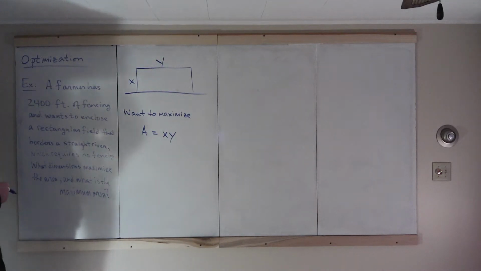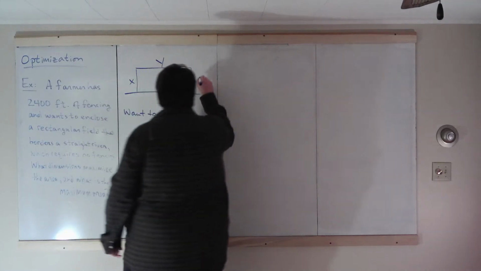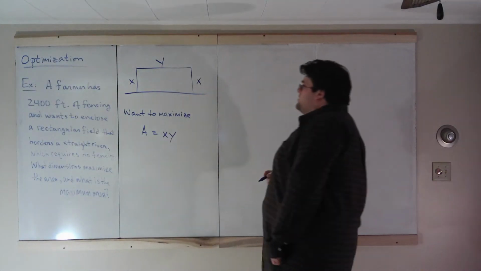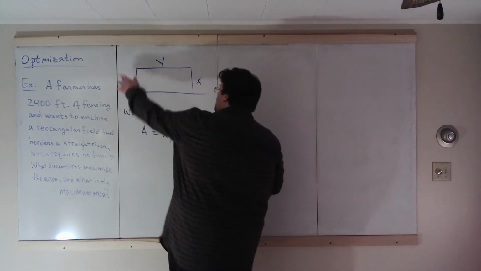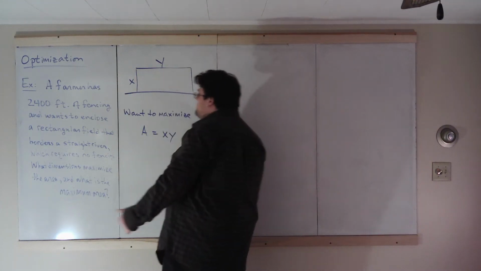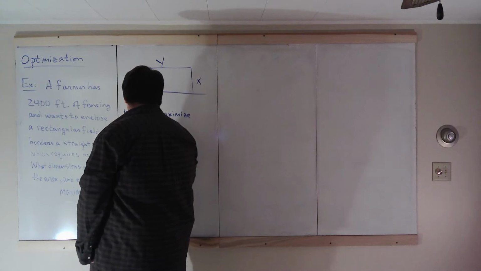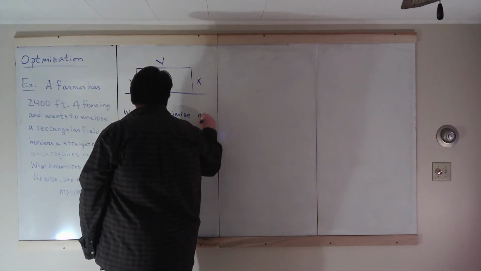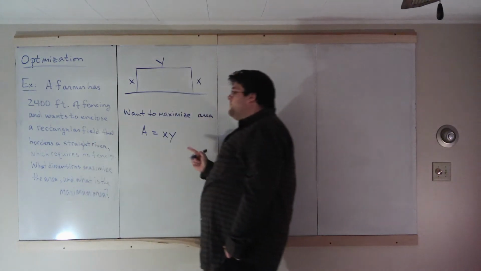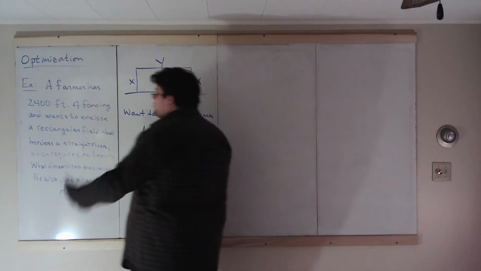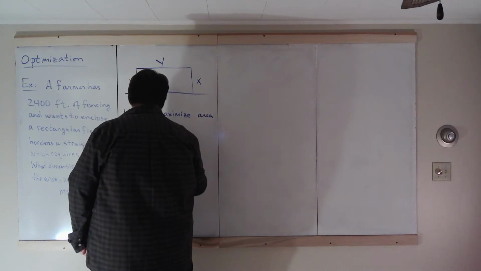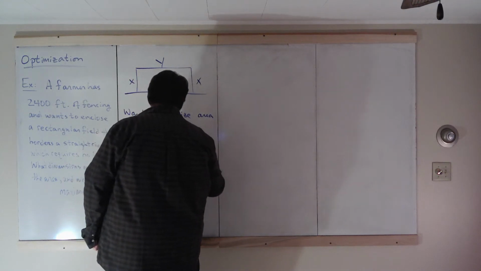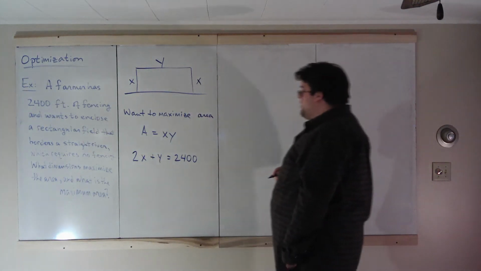Well, other information in this question can be used to eliminate a variable. It also says we have 2,400 feet of fencing. So x plus y plus x must be 2,400. We want to maximize area, I'll say. Here's our area function, but we also have a constraint on our x and y. 2x plus y equals 2,400.